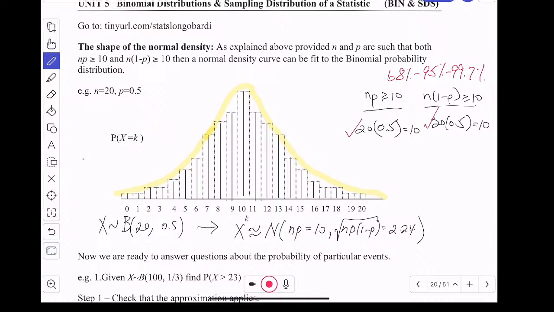And this is true because we did a check. N times p is greater than or equal to 10, and n times 1 minus p is greater than or equal to 10. Now, I'm not going to go into the proof of why that makes it so. You just need to know it. There's some things I have to leave out.